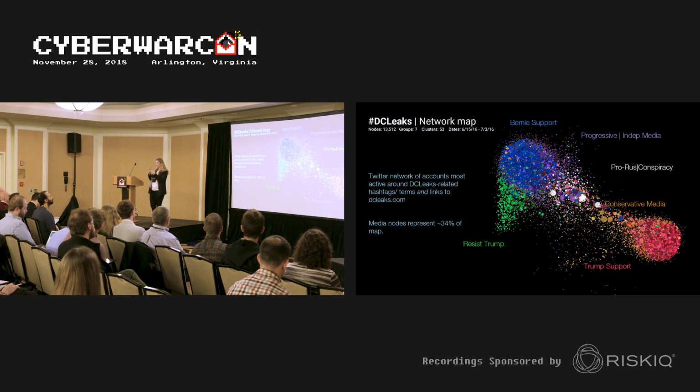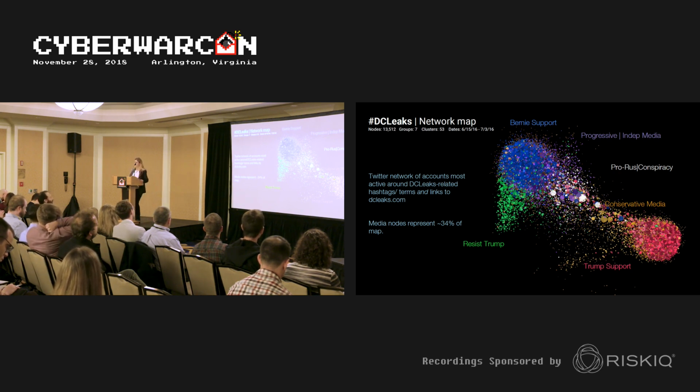They're very tightly interconnected accounts. They have little connection to one another, but there is one central group that acts as a network bridge, the pro-Russian conspiracy network group. So they're not connected to each other, but they're both connected to this pro-Russian conspiracy group that really acts as a network bridge between the 2.